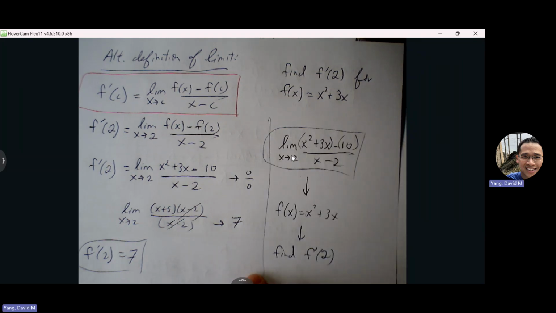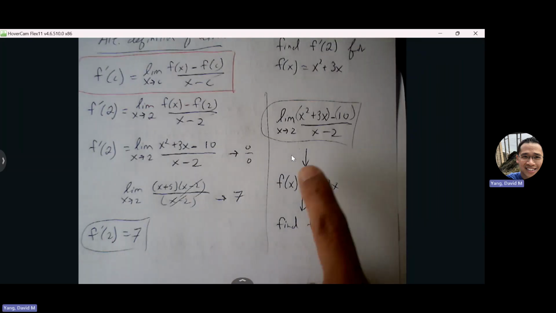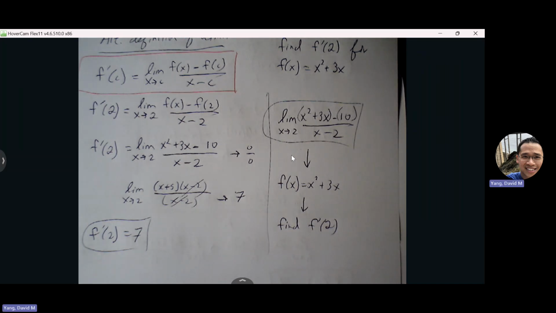But if this was what was given to us, just this portion, and we recognize that this is talking about x squared plus 3x, and it's asking me to find f prime of 2. This one I think is easier to spot because that first portion is going to be your function, and the c value is going to be the number that you're trying to find the derivative of. So if you can understand this x squared plus 3x, my derivative is trying to find f prime of 2.